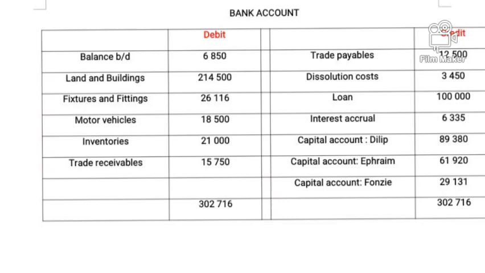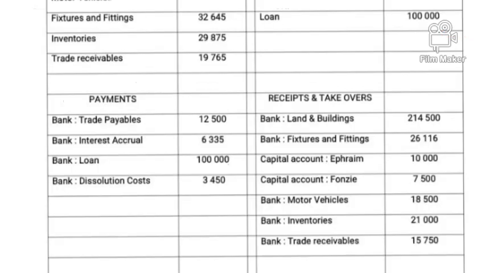After recording the payments, I need to record the receipts. The receipts are on the credit side of the realization account under the heading receipts and payments. Each and every receipt is denoted by the detail bank. So the receipts are going to be debited in the bank account to complete double entry.